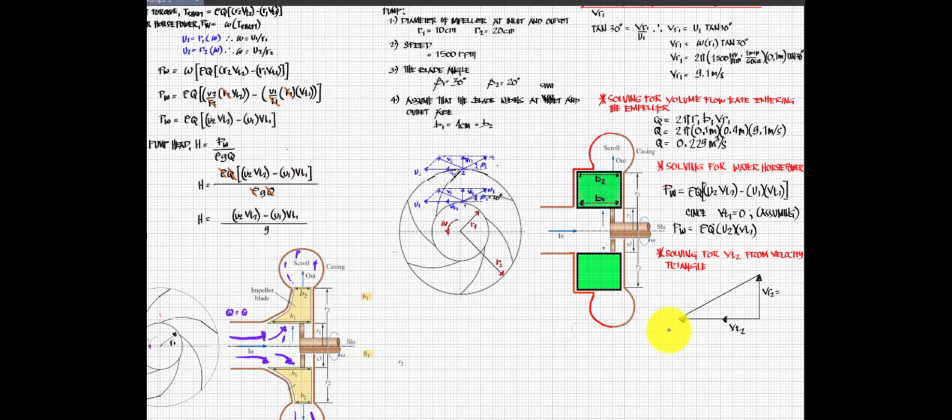Then we have the tangential velocity of the impeller U2, which is equal to the radius 2 times the angular velocity. Now we have the angle of our velocity triangle, which is 20 degrees.